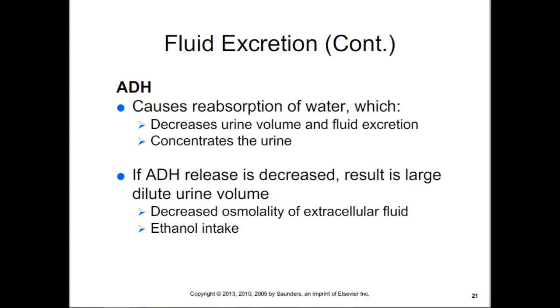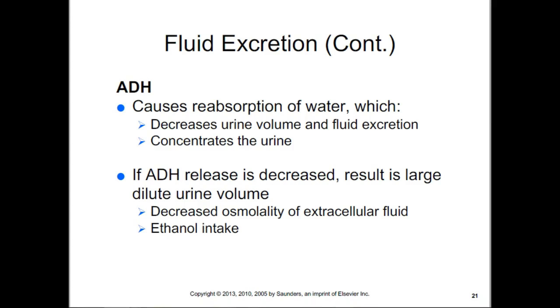Right, so if ADH release decreases, you will have a polyuria that is of a metabolic origin. So we call that diabetes insipidus. If you were to just decrease ADH for no other cause, we call that diabetes insipidus.